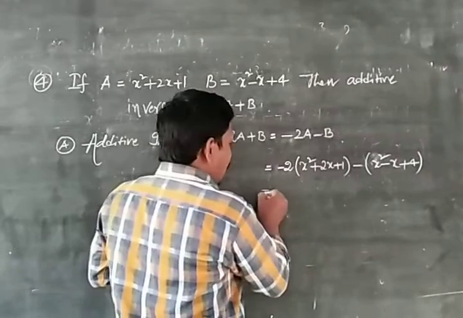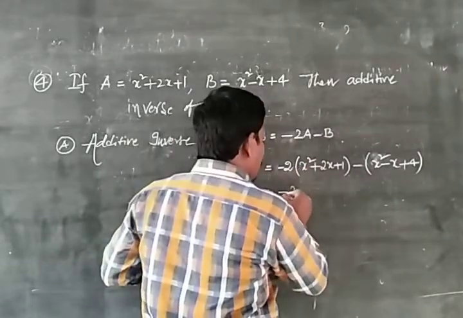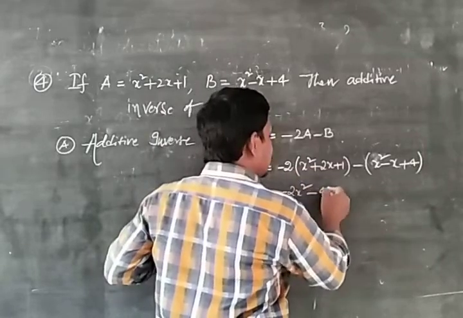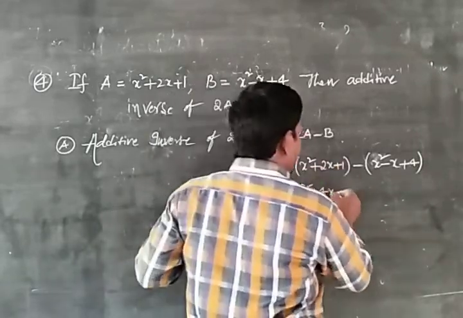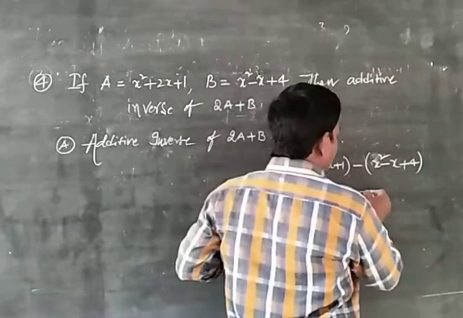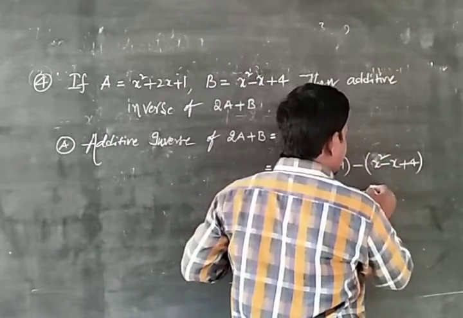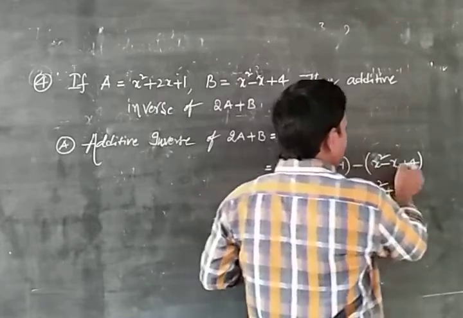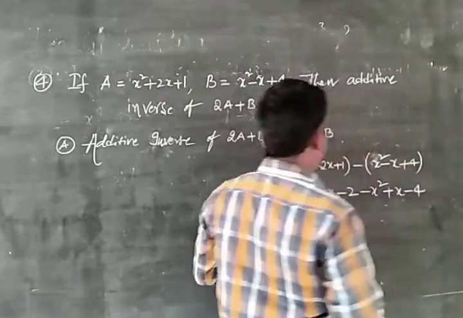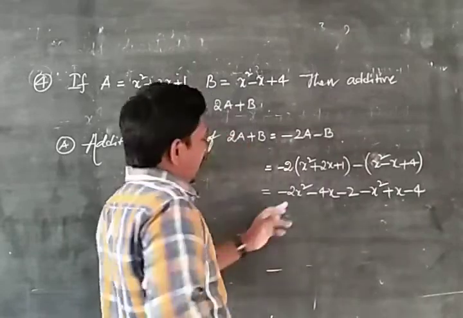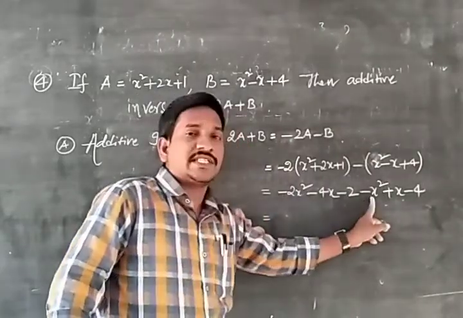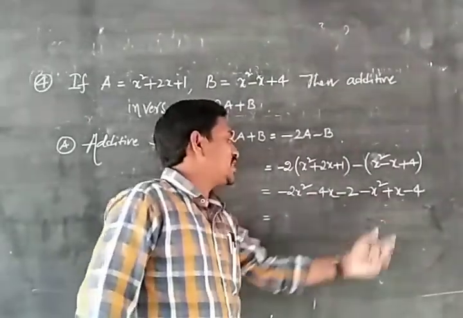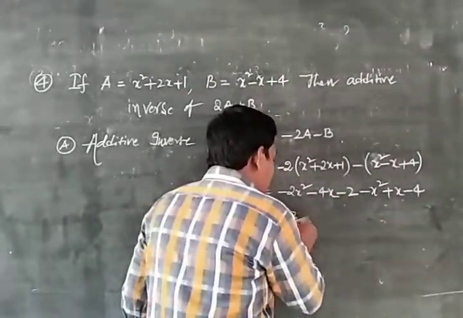Minus 2 into x square gives minus 2x square, minus 2 into plus 2x gives minus 4x, minus 2 into 1 gives minus 2. Then minus x square, plus x, minus 4. Here minus 2x square minus x square is minus 3x square.